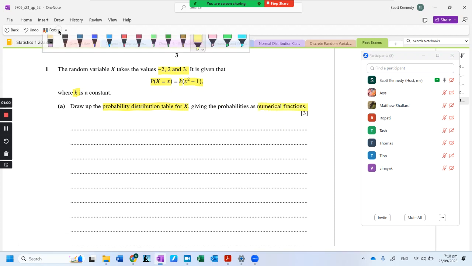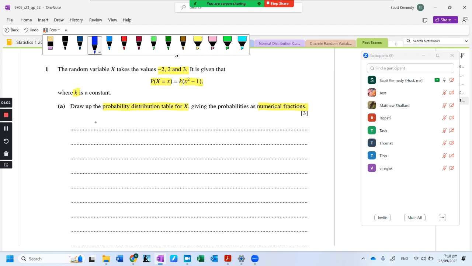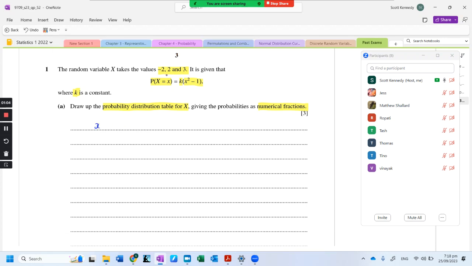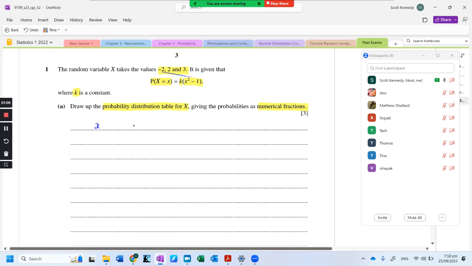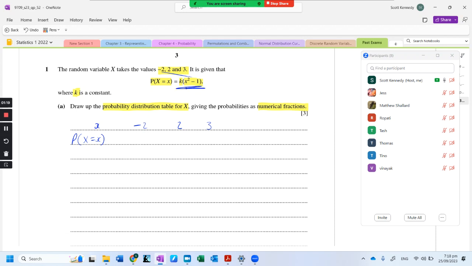So step 1, what are our possible values of x? Well, we're given them up here. There's only 3: minus 2, 2, and 3. Then we've got to use this information here to construct the probabilities. If x is minus 2, what's minus 2 squared? 4.